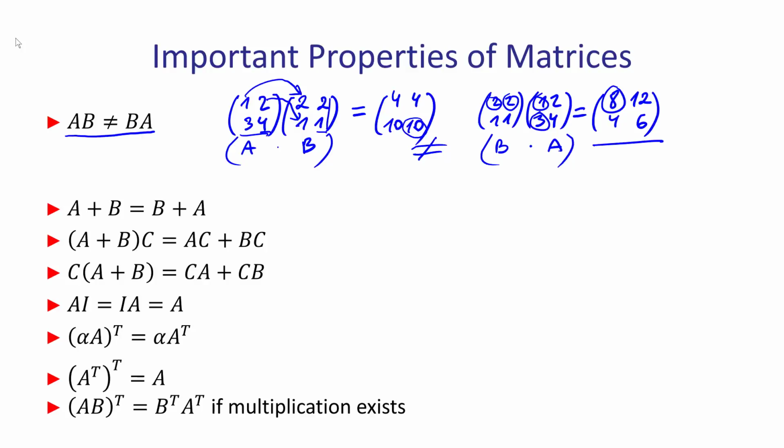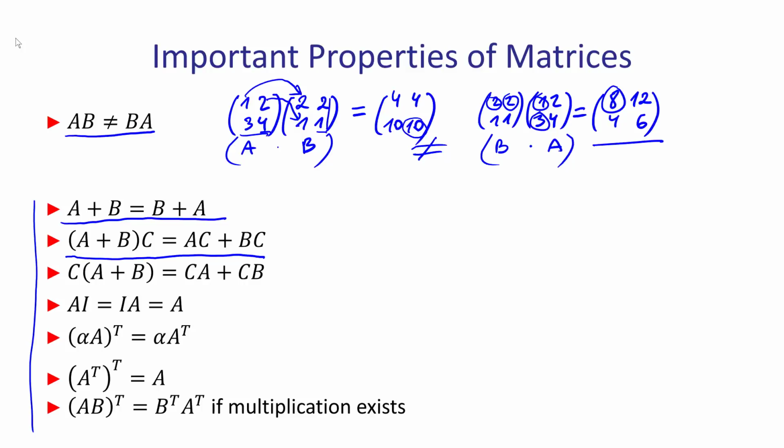So, a few more simple properties of the matrices that we need to know are listed here in that long list of properties. First of all, you can change the order of addition in the matrices. So it's very simple. A plus B equals B plus A. You have distributive law working with multiplication similarly to what you have in dot product.